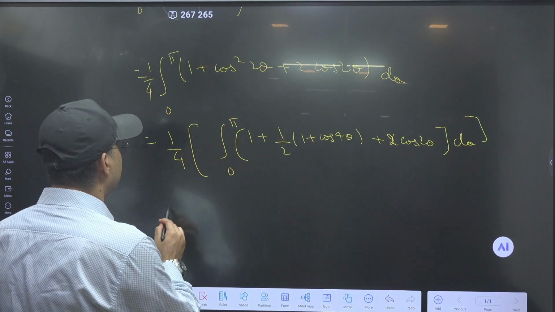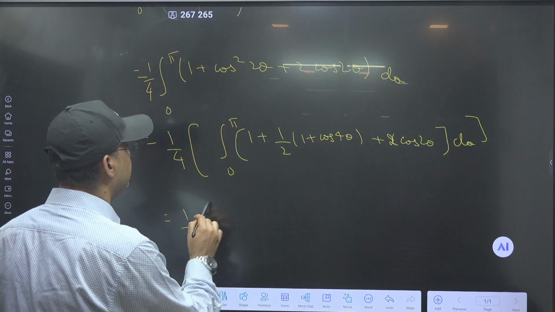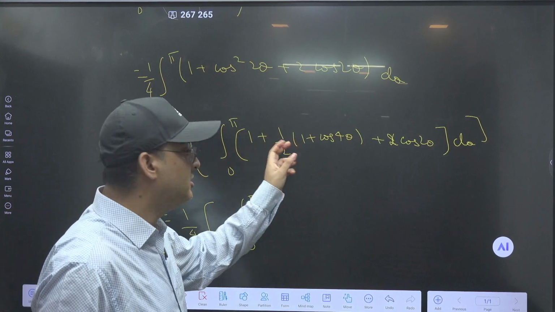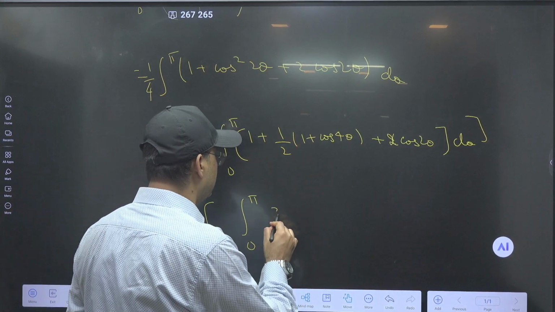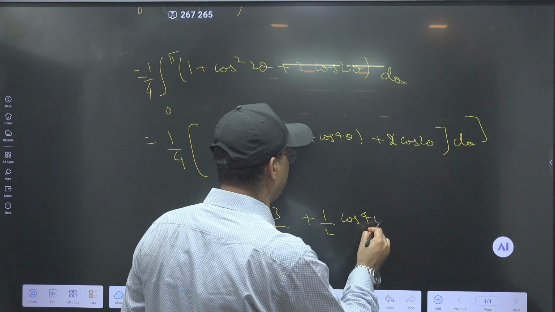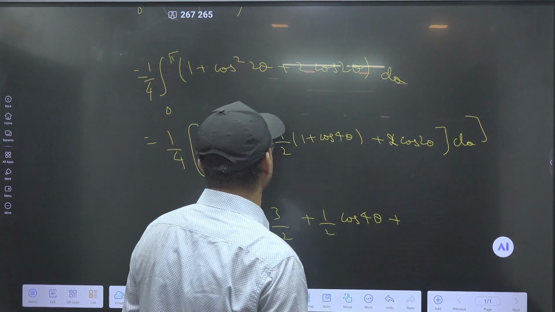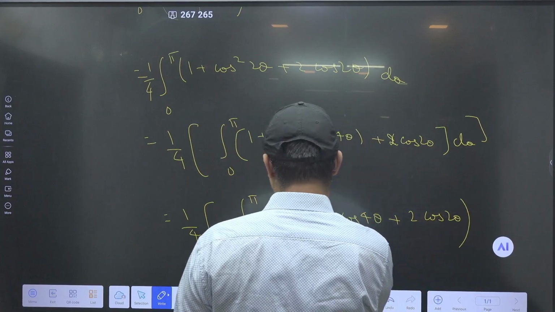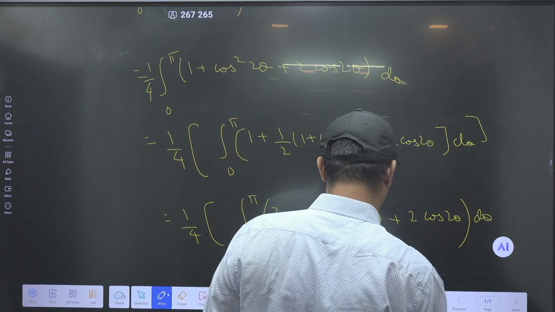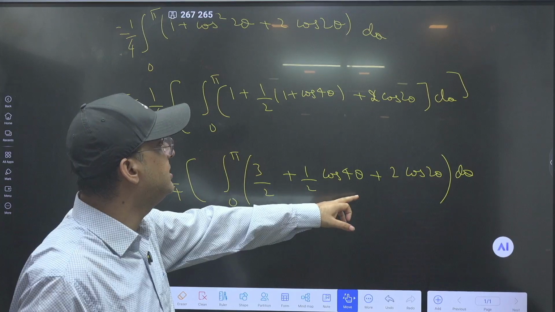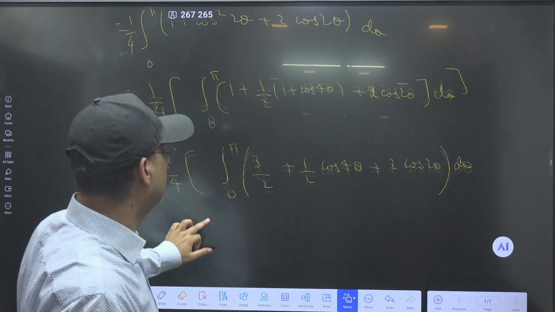Now this is 1 by 4, 0 to pi. Now I collect coefficient. This is 1 plus half, this is 3 by 2 plus half of cos 4 theta plus 2 cos 2 theta. Is it right? So this is 3 by 2 plus half cos 4 theta plus 2 cos 2 theta.